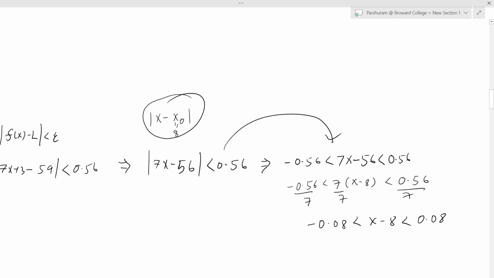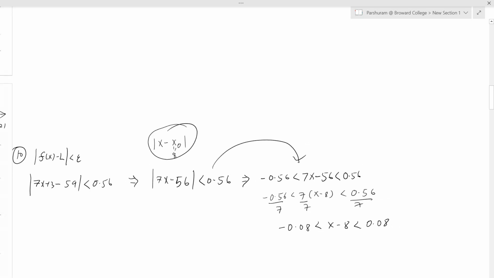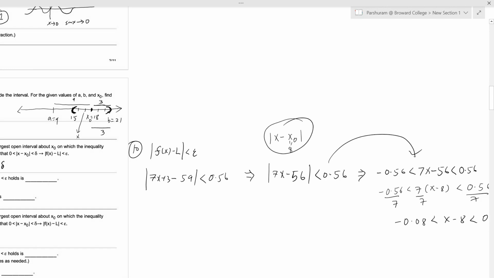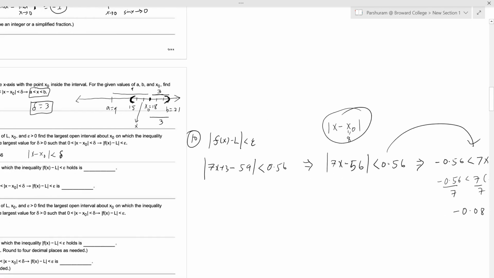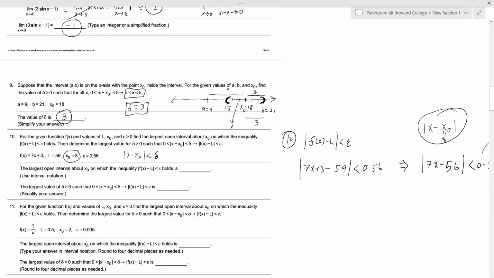So to make sure that f of x minus L is less than epsilon, the value of delta we should take is 0.08. But in this particular problem, we are asked to find the largest open interval about x0 on which the inequality holds. Use the interval notation.